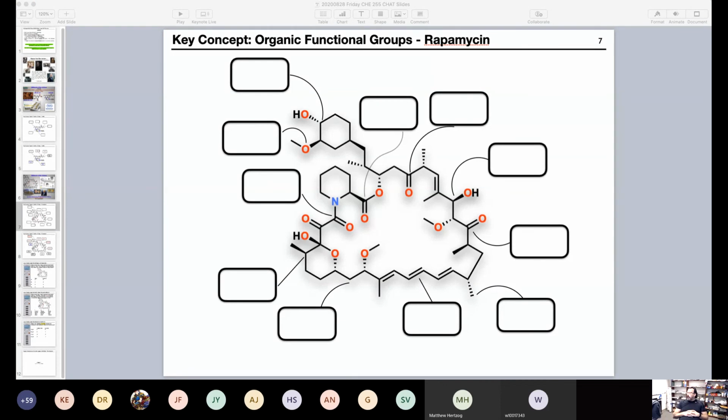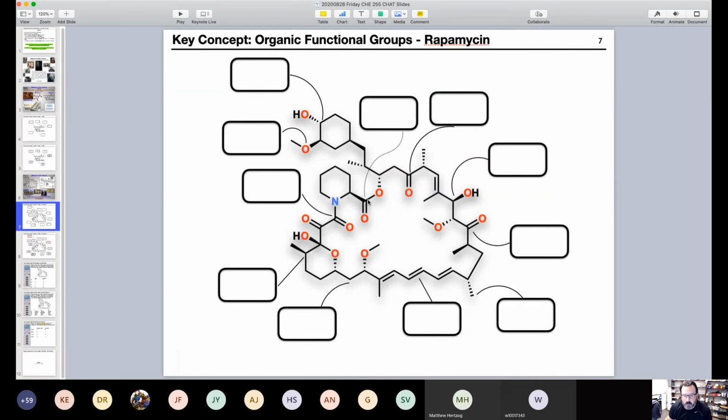So Elizabeth, basically you're counting the bonds. So let's look at the ester. This ester right here has 1, 2 oxygens bonded to it, but you have to count the bonds. You have 1, 2, 3.